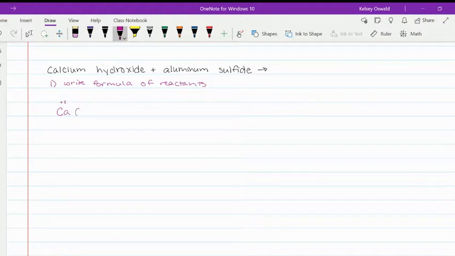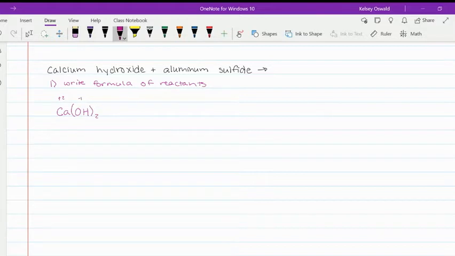Hydroxide is one of our polyatomic ions, so we would have to look at that polyatomic ion sheet and see that the formula for hydroxide is OH minus 1. We can't just assume the formula for calcium hydroxide will be CaOH because we need to balance those charges. If calcium is +2 and hydroxide is -1, we would need 2 of those hydroxides to balance out our charges.